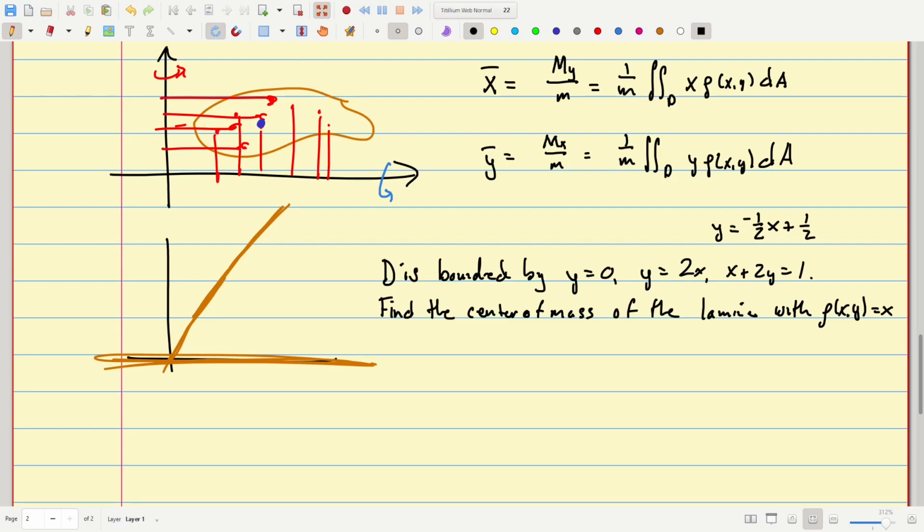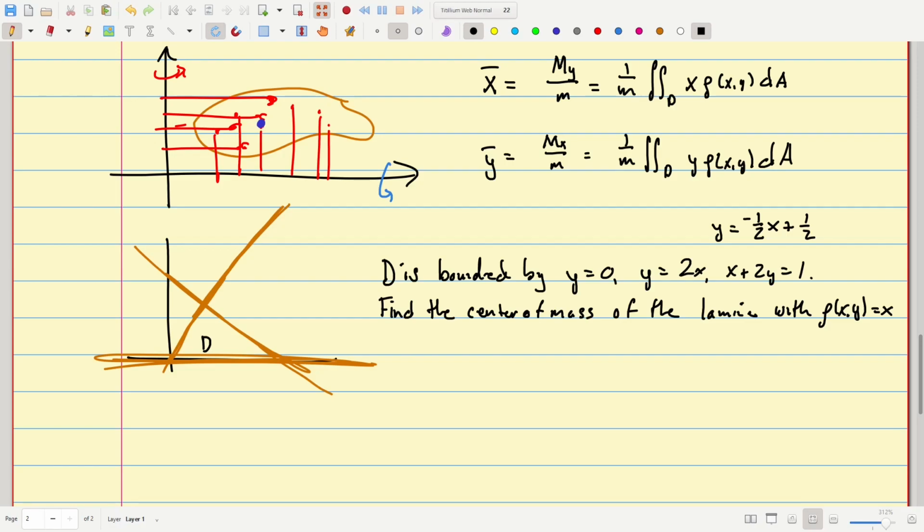Depending on how the scaling is done on this picture, it looks something like this. So our region D is in here. Again, this is just a quick sketch.